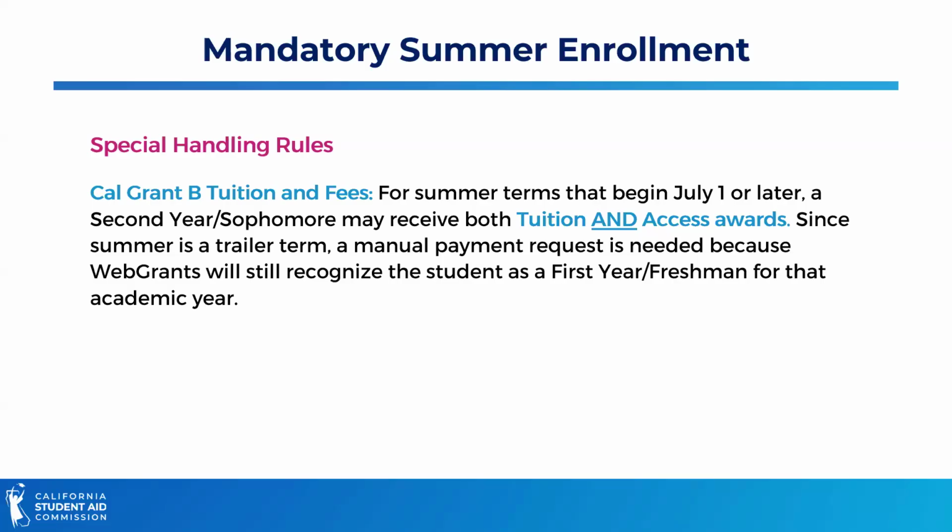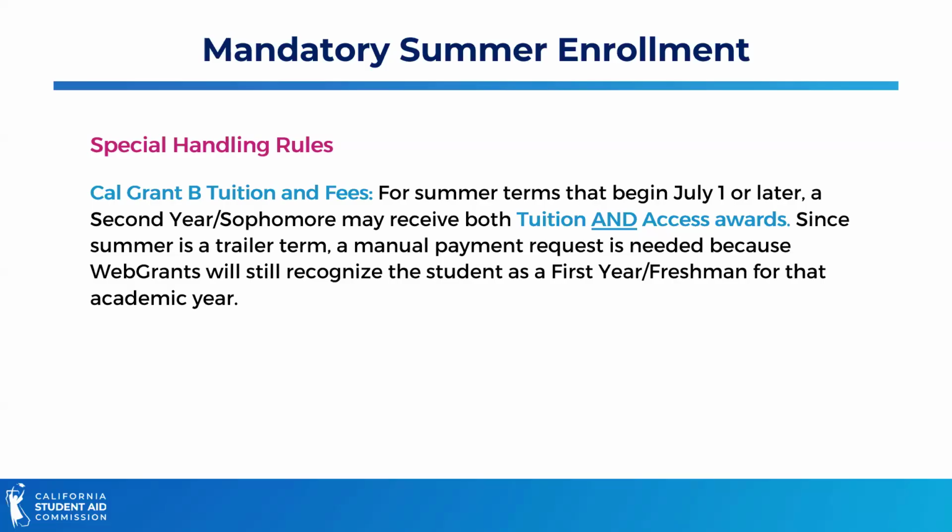Students in their sophomore, junior, and senior years can qualify for both tuition and fees and access as long as it's at a school that is not a community college. Now, when you have a student who was in their first-year freshman year, but by the summer is considered a second-year sophomore, they could receive tuition and access awards for the summer term.